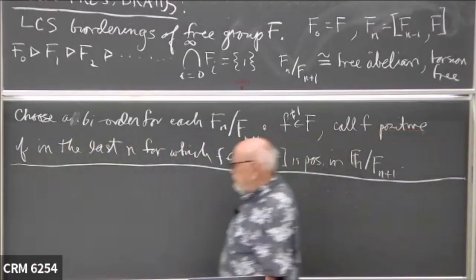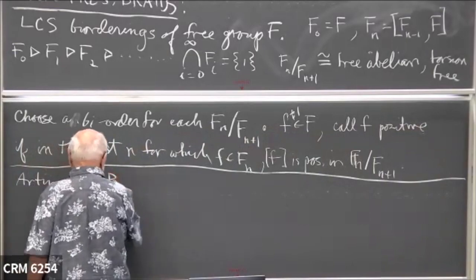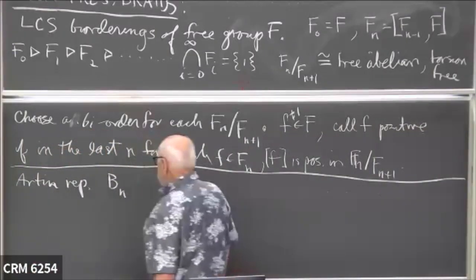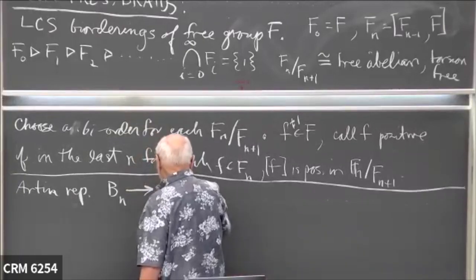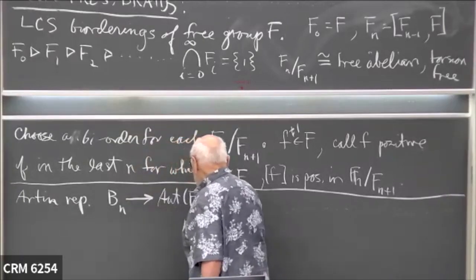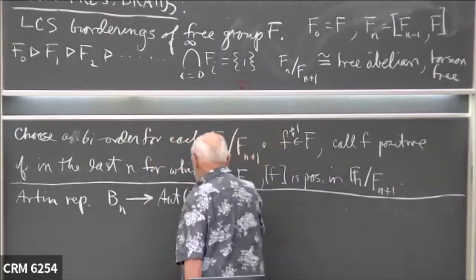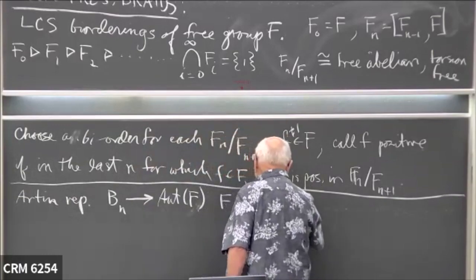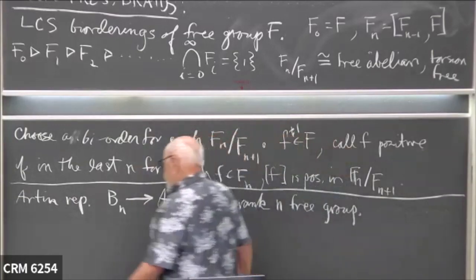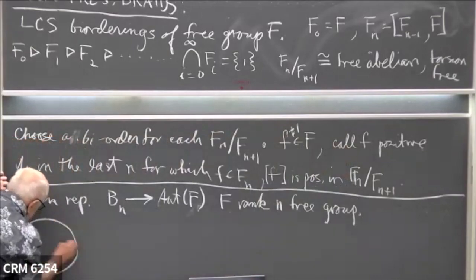It's the Artin representation that takes the n-strand braid group into the automorphisms of F, the rank n free group. It's gotten by observing how the braids act on a punctured disk.